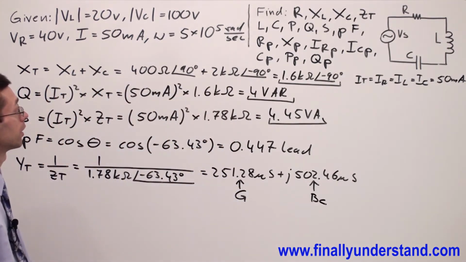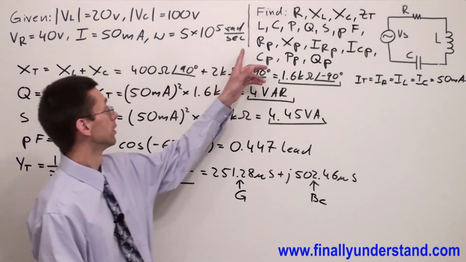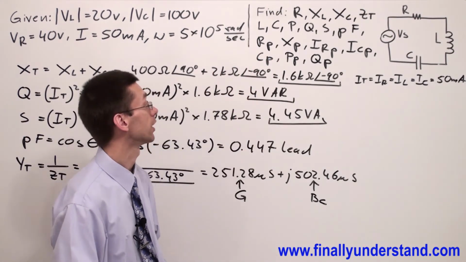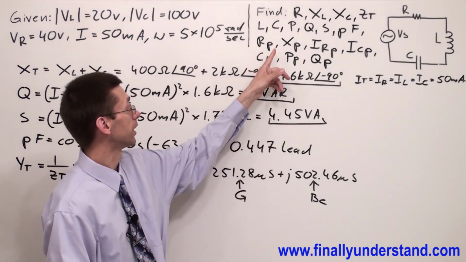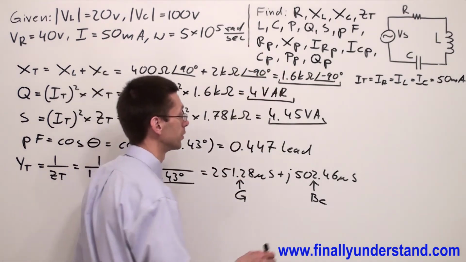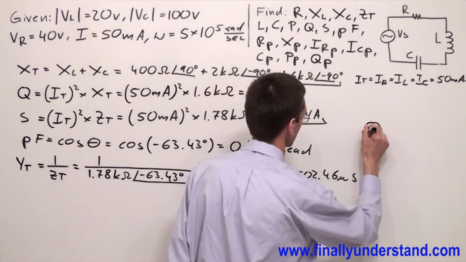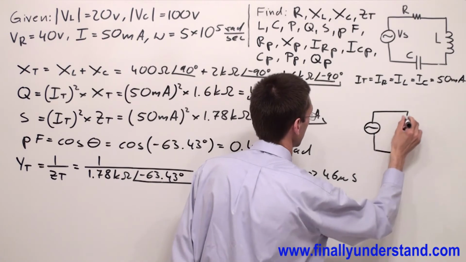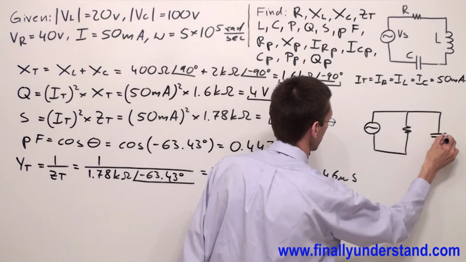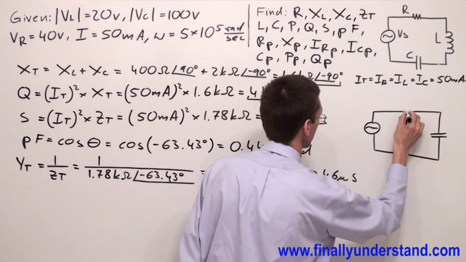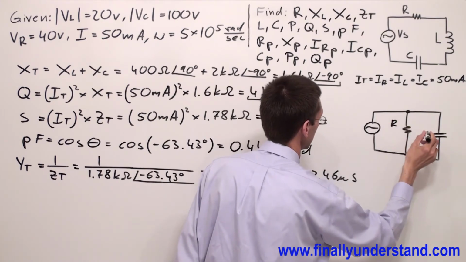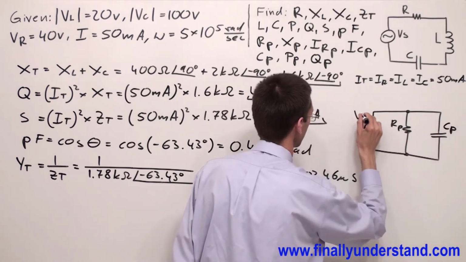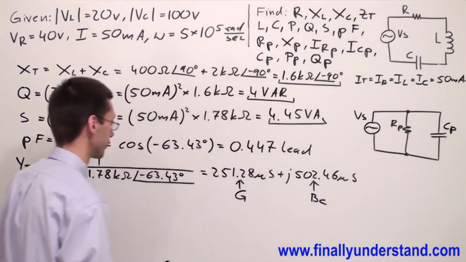So now we are ready to find the resistance in the parallel equivalent circuit and capacitive reactance. Okay, let me draw the diagram first. So I have a resistor and I have a capacitor. Okay, so I have R and this is my CP, this is my voltage source.